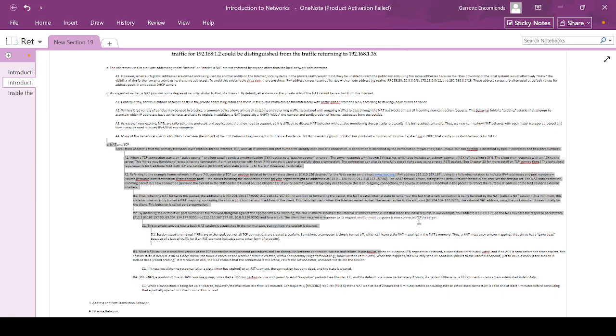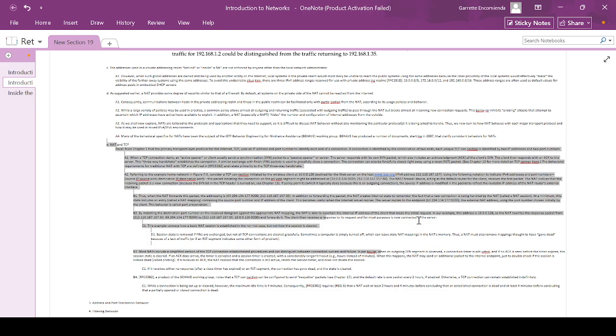So keeping the port in memory, just so you can know which client or device sent that request, is called port preservation. By matching the destination port number on the received datagram against the appropriate NAT mapping, the NAT is able to ascertain the internal IP address of the client that made the request.